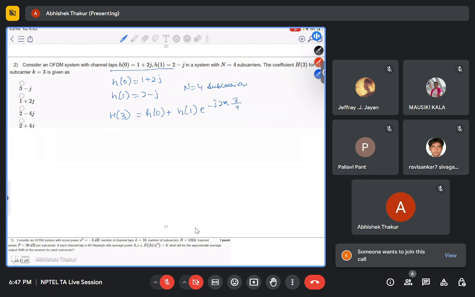So this value will be 1 plus 2J plus 2 minus J into e to the power minus J 3 pi by 2, which is 270 degrees, so it becomes plus J. So H3 will be 1 plus 2J plus 2J plus 1, which becomes 2 plus 4J. So the correct answer is option D.